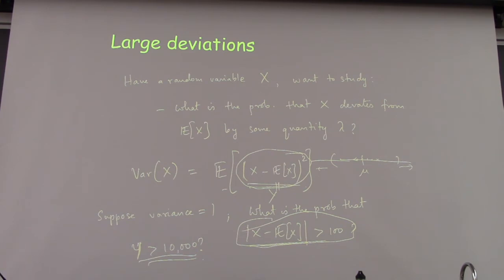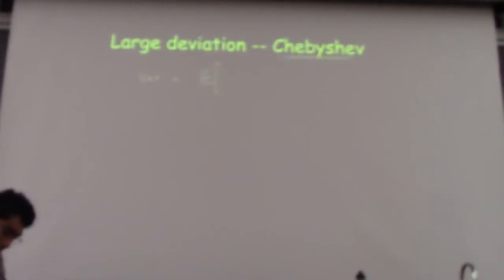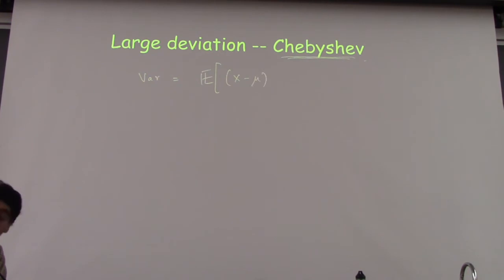Let me write this down formally. This is what's called Chebyshev's inequality, by the way. Variance is defined as the expected value of X minus mu, where I write mu for the expectation so that you don't get confused with expectations inside expectations. So mu is the expected value.